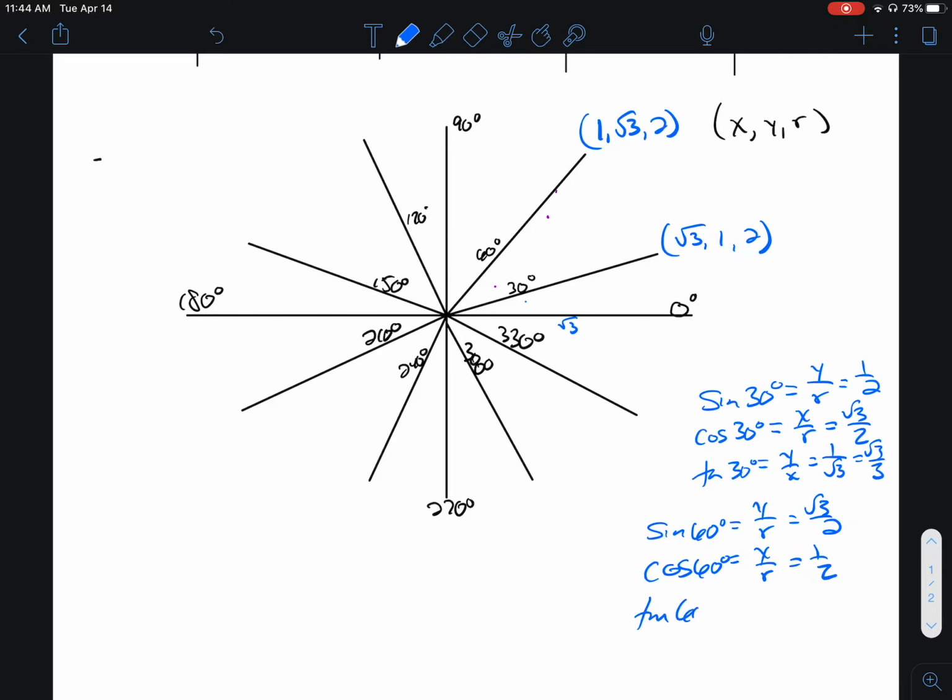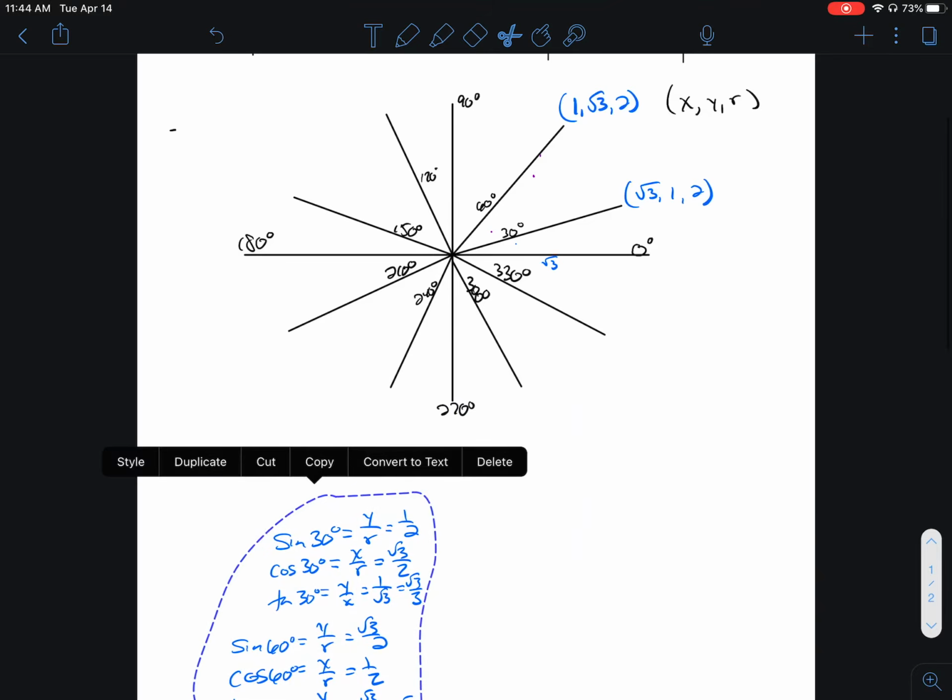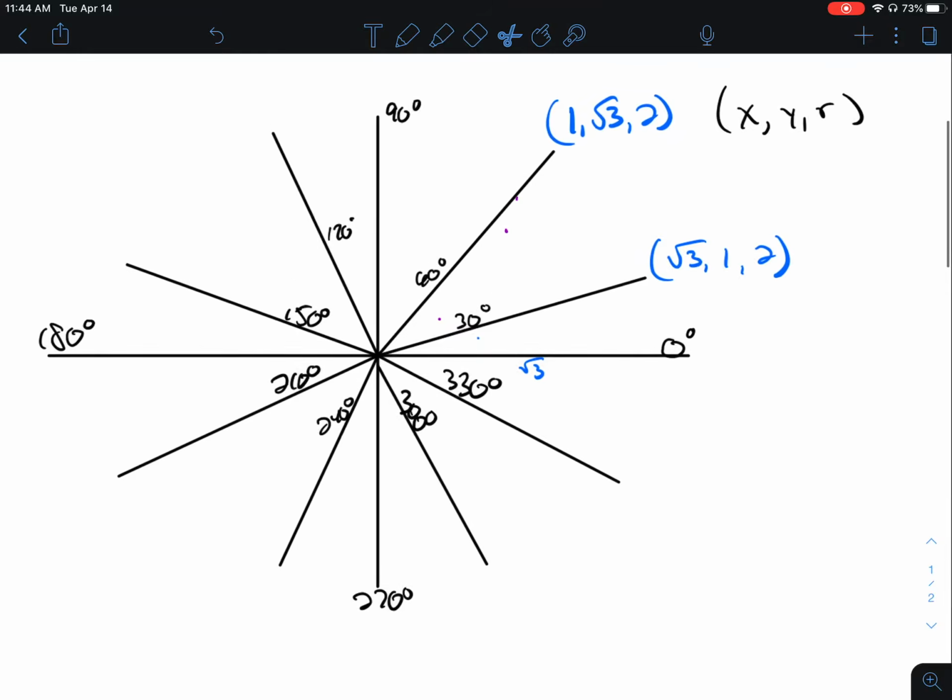What's tangent of 60 degrees? Well, that is y over x, which is square root of 3 over 1, which is just square root of 3. This is awesome. You may not realize it yet, but this is going to get real cool.